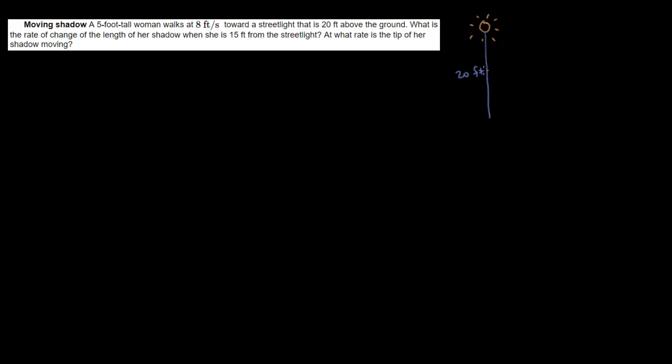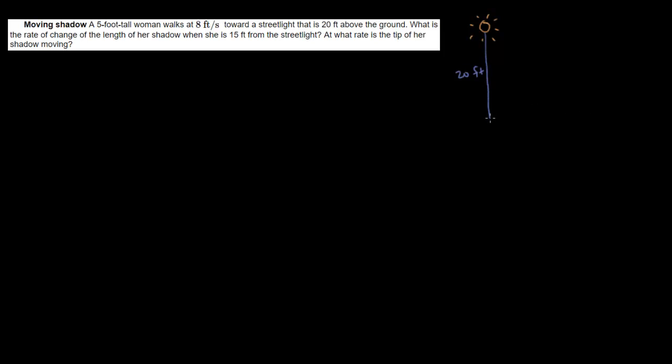All right, so we have a street light that's 20 feet above the ground. And eventually she's going to be 15 feet away from the street light. So what does this look like?